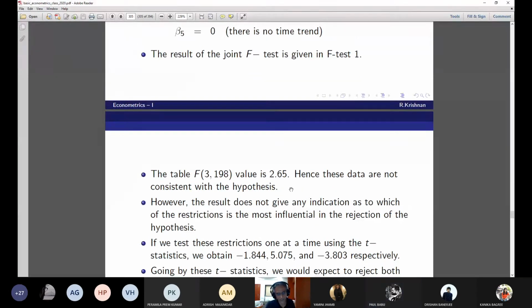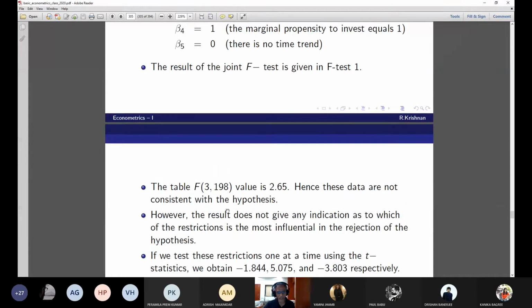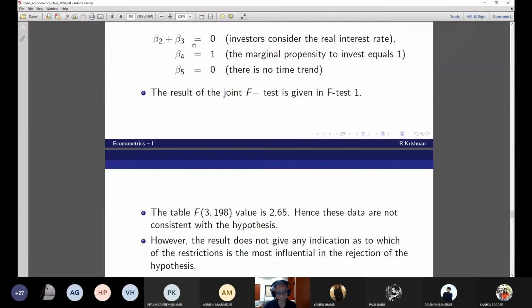Can you get the table value from the table that I sent you a few days back? That's okay, you can refer to it later. The calculated value is so much higher than the table value, so these data are not consistent with the joint hypothesis. That's what you can conclude, right?